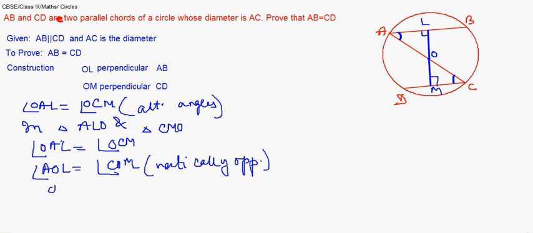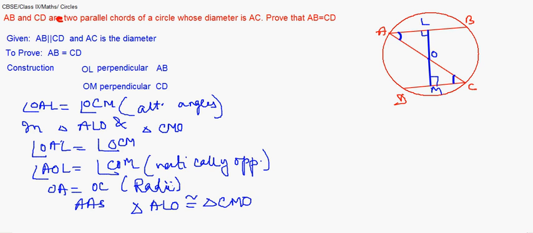OA and OC will also be equal, they being the radii. So by AAS criterion, we can prove the congruency of the triangles ALO with triangles CMO. Once we prove the congruency, by CPCT, AL is equal to CM.